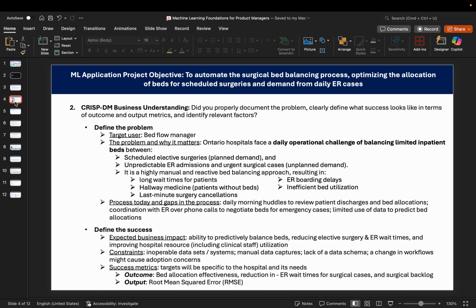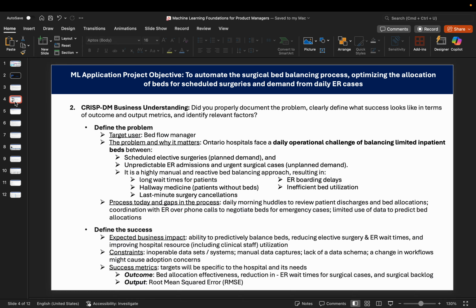And this highly manual and reactive process results in long wait times, hallway medicine, which is really patients without beds, last minute surgery cancellations, ER boarding delays, and inefficient bed utilization.